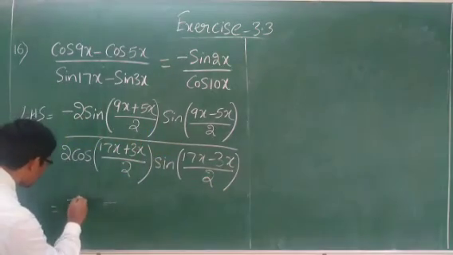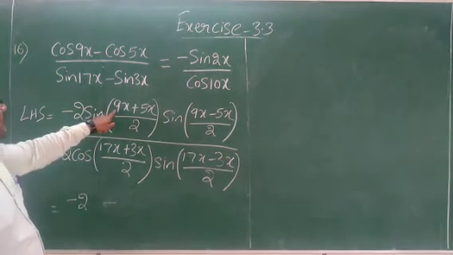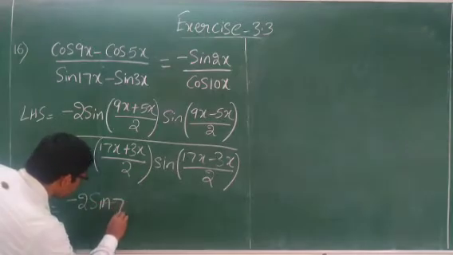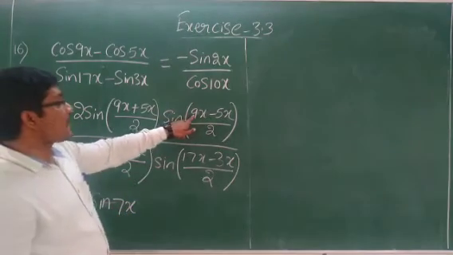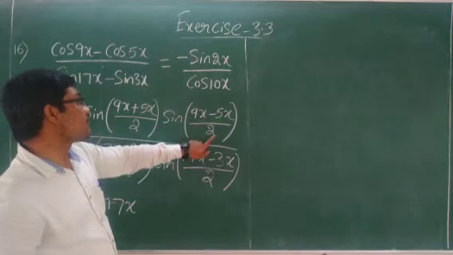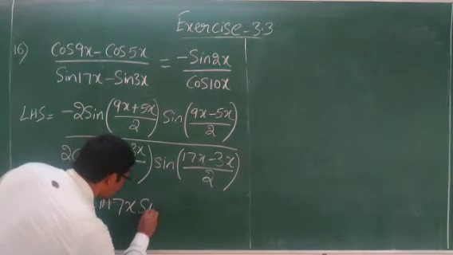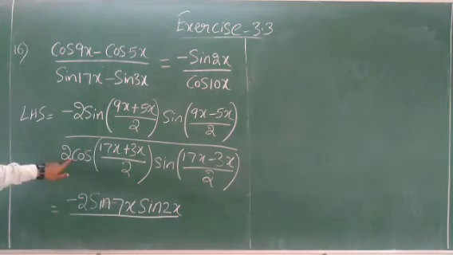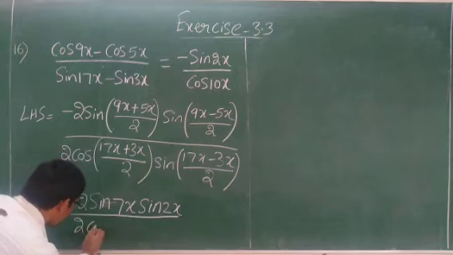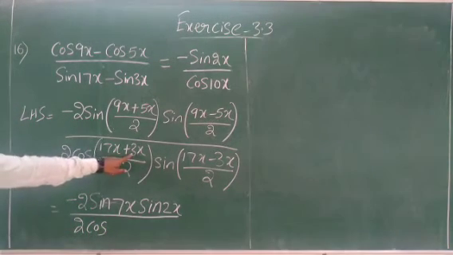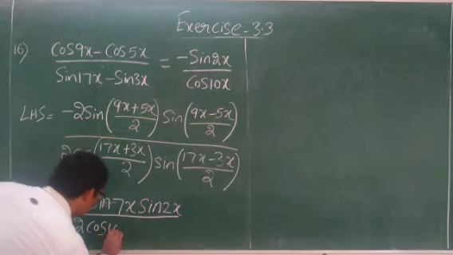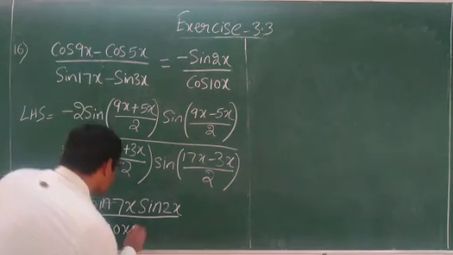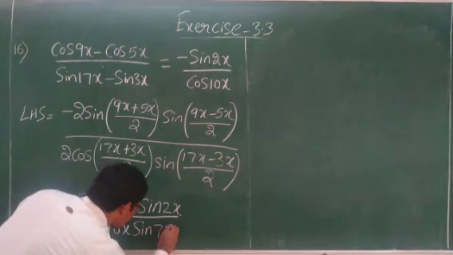So this is equal to minus 2. This is 9 plus 5, 14, 14 by 2, 7. So we get sin 7x. This is 9 minus 5, which is 4, 4 by 2 is 2. So we get sin 2x by 2 cos, 17 plus 3 is 20, 20 by 2 is 10x, 17 minus 3 is 14, 14 by 2 is 7x.